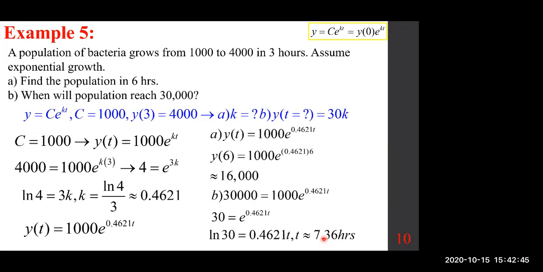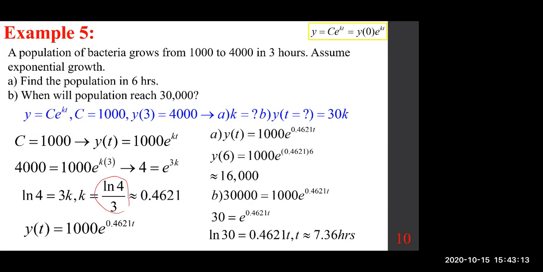This is the exponential growth. I'm going to quickly show you something you've seen in algebra class, but in case you forgot, this is another approach, and sometimes it works better when you want to come up with a better approximation. So let me show you something. Okay, so we got ln 4/3, right?